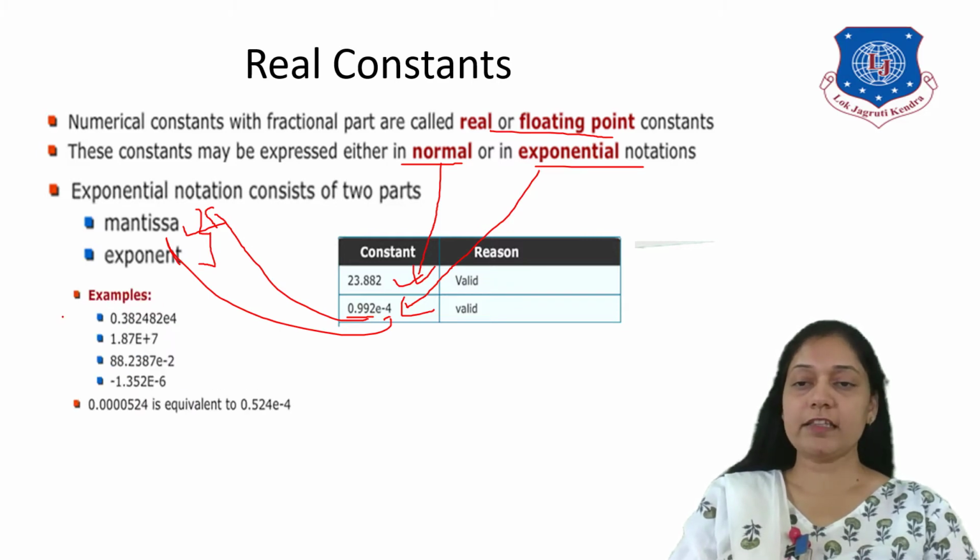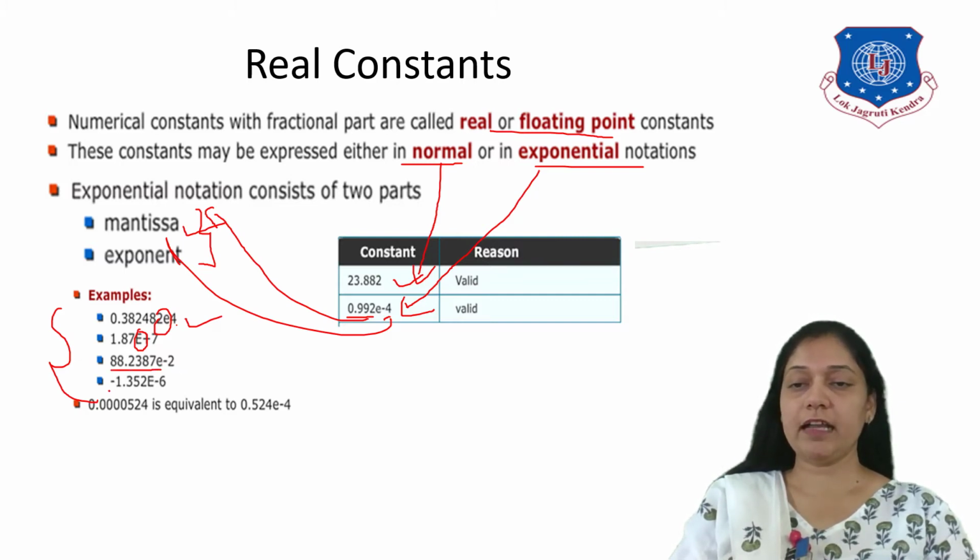These are a few more examples of real constants: 0.382, 482E4. This is exponential notation. It can be a small e or a capital E, with a plus or minus sign in the exponent form. 88.2387e-2, or it can be a negative number, minus 1.34352e-6. These are all different examples of real constants in exponential form.